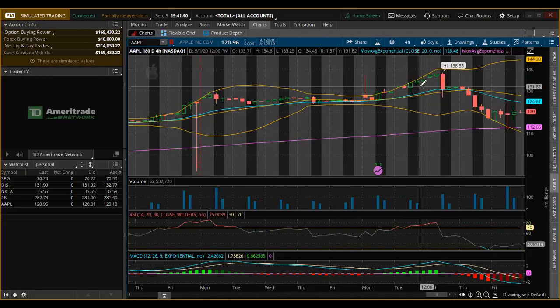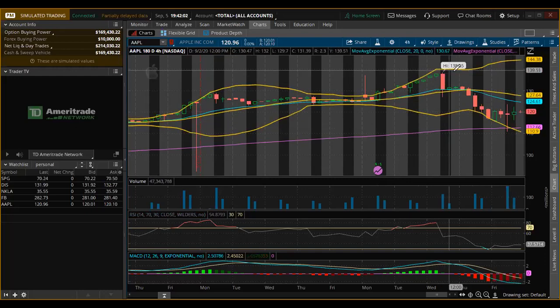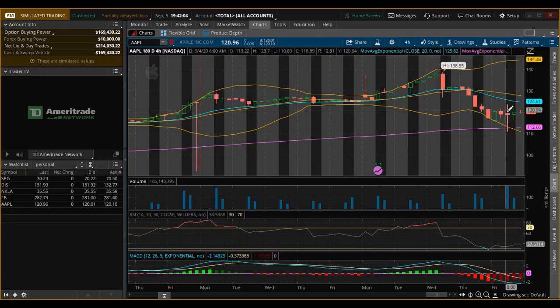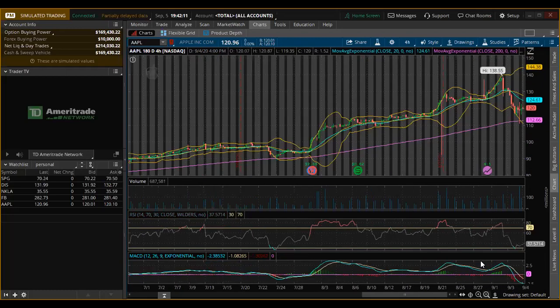But I'll say this as well. With Apple, history showed that Apple actually ran up for 2 days, and this is actually right on point. After Apple splits, they ran up for 2 days, and then they dropped for like, I believe it was a week. So they didn't drop for a week. They dropped like the first 2 days, and then they ran sideways for a week. And then after that week, they started pushing up some more.